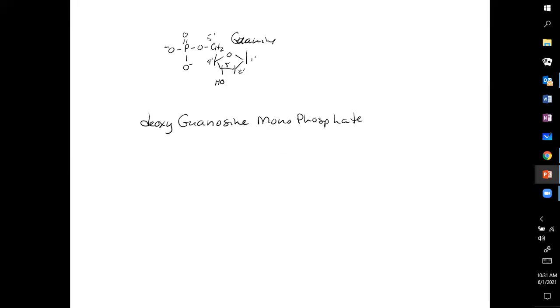And that's a big mouthful, right? That's a lot to say. So how do we write this in shorthand? Little d, G, M, P: deoxyguanosine monophosphate.